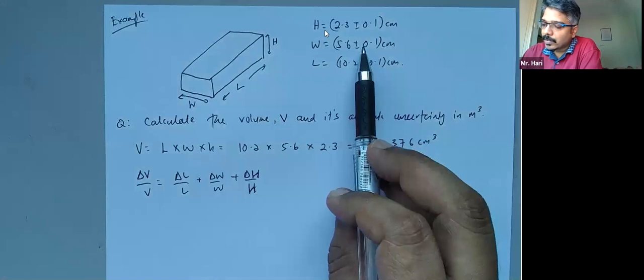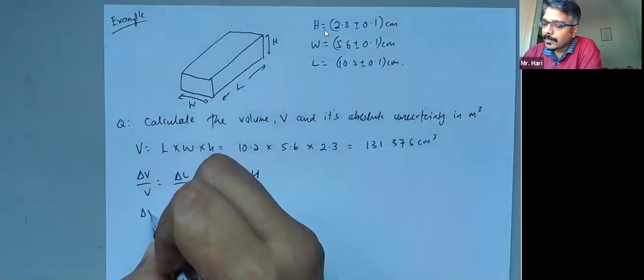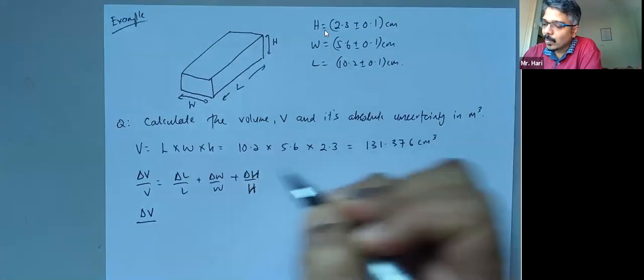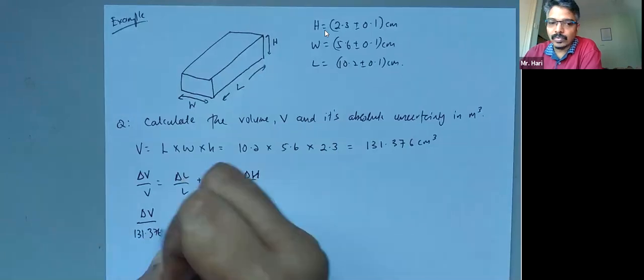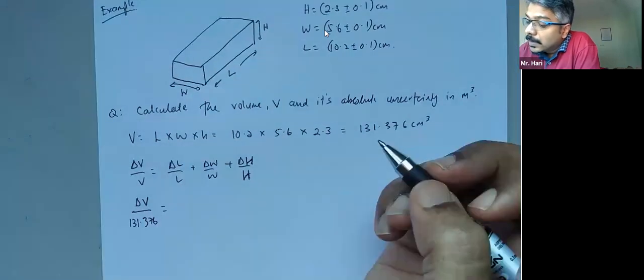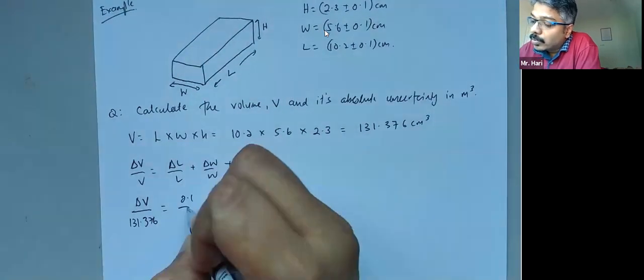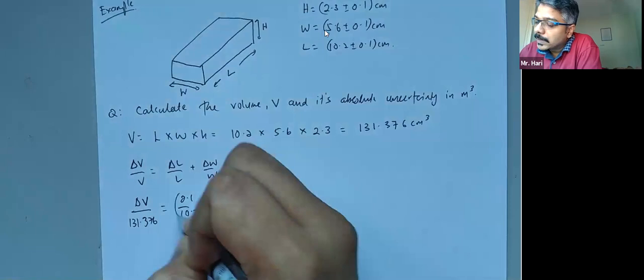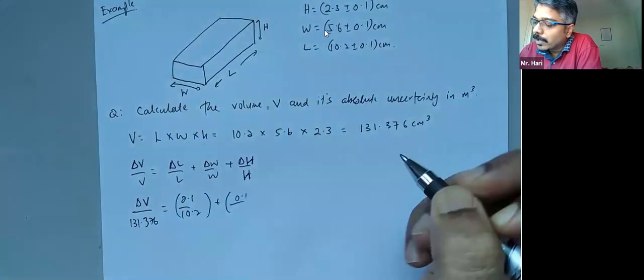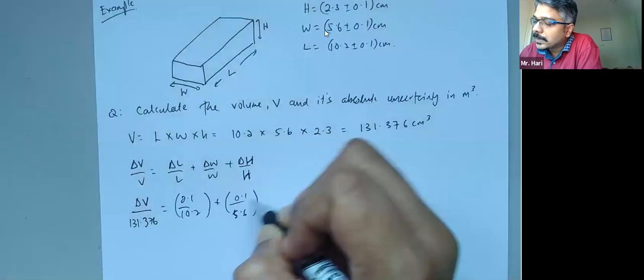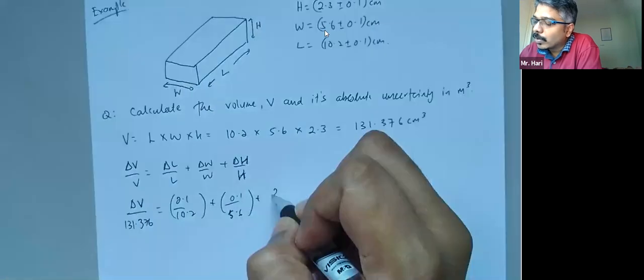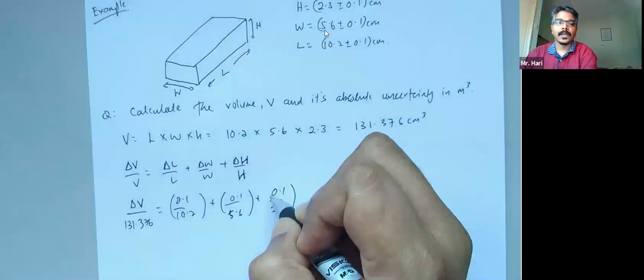Okay, so delta V over 131.376 equals delta L, 0.1 over 10.2 plus 0.1 over 5.6 plus 0.1 over 2.3. Okay.